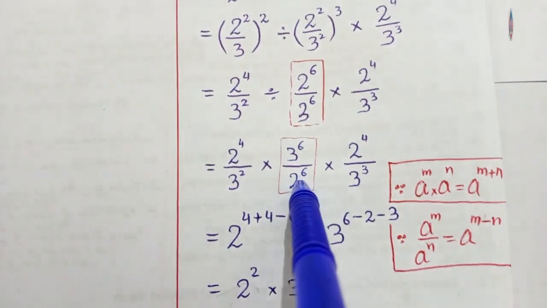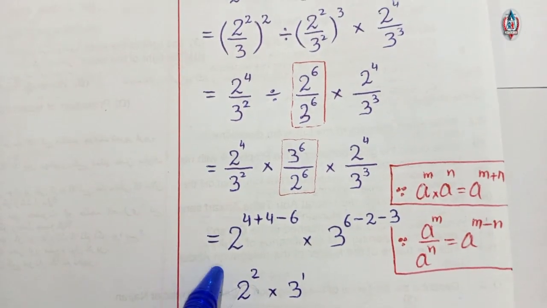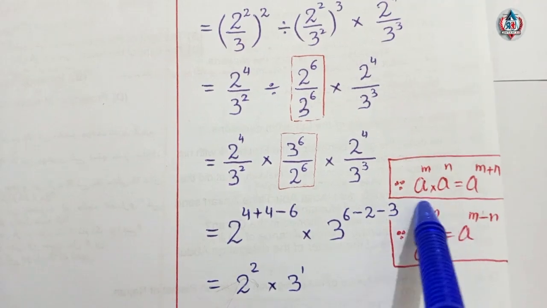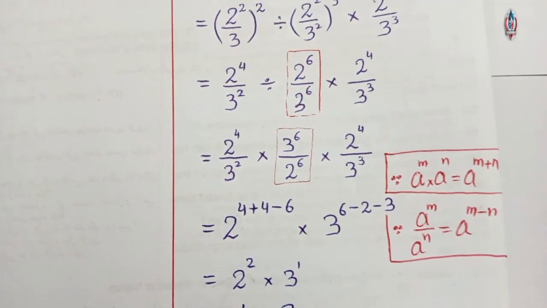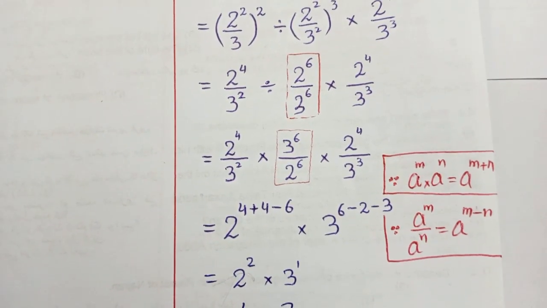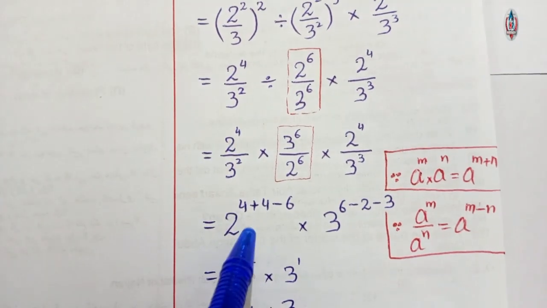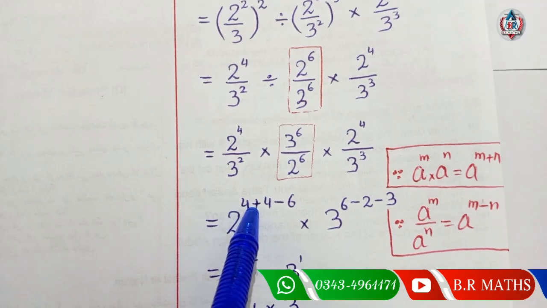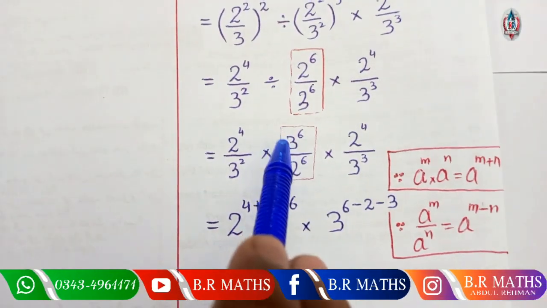Okay, all of you know about this step. And next, simply apply the rule: if two numbers are multiplied with each other with the same base, then add the powers. So follow this rule. 2 raised to power 4 plus 4, and in the denominator 2 raised to power 6, it becomes a minus.